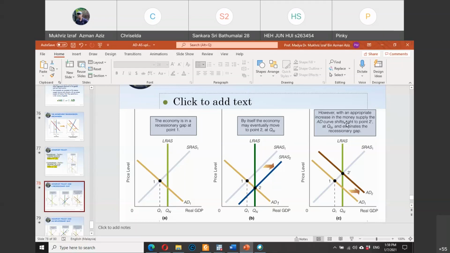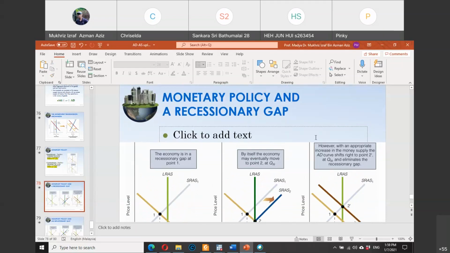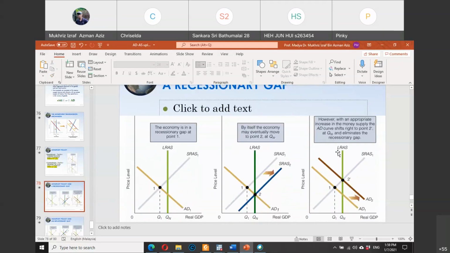The government can do this by increasing the aggregate demand curve using expansionary monetary policy, for example reducing the interest rate or increasing the money supply. So that will cause aggregate demand to shift from AD1 to AD2, and then that will cause the equilibrium to move from Q1 to Qn.